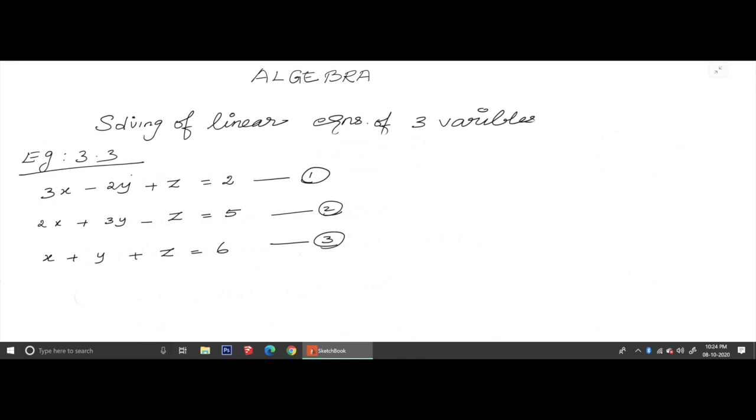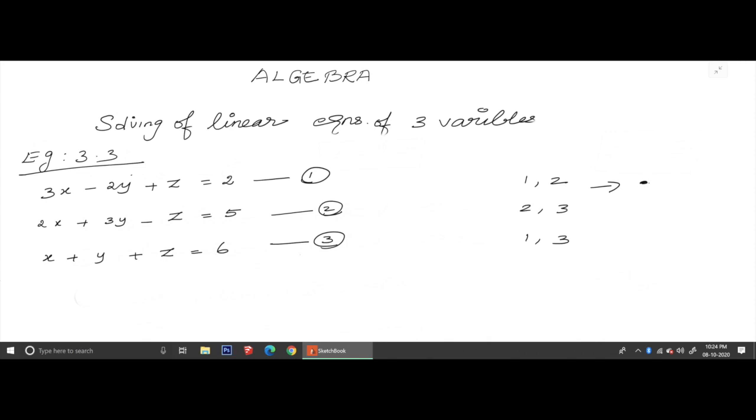So this is the sum given, and how are you going to solve it? Previously we had two equations, so we solved both equations. Here we are having three equations, so either you solve 1 and 2 or 2 and 3 or 1 and 3. So any two you take. Okay, you take equation 1 and 2 and you solve, you will be getting one equation, and this equation is reduced to two variables.